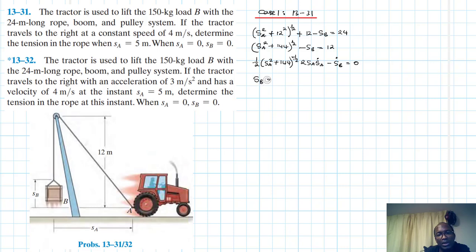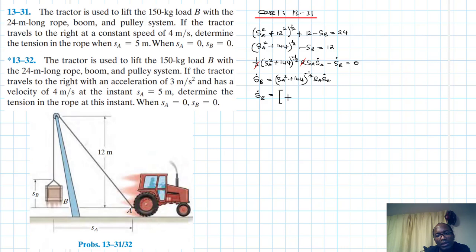But before we do so, let me just cancel out some parts. This 2 and this 2 go, and I will have only SA squared plus 144 to the power half, SA squared.